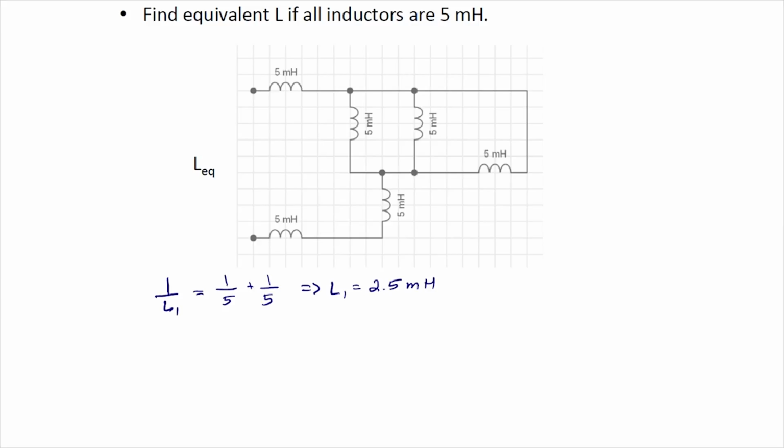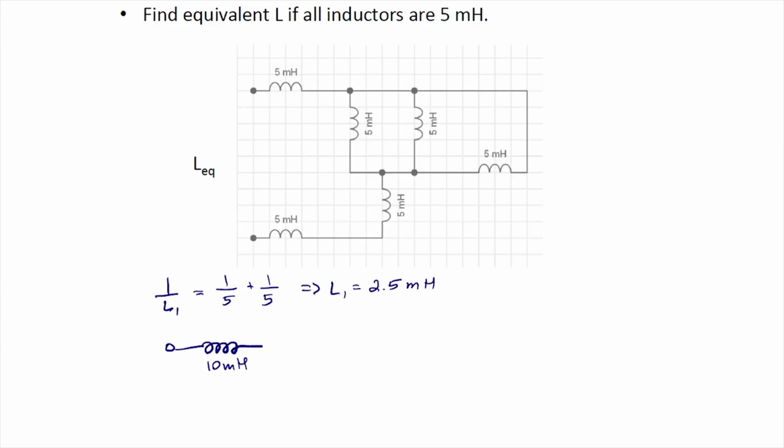All right, so I'm going to redraw this circuit or network just to highlight clearly what's in series and what's in parallel. If I start out down here, this is my starting point, and then I'm going to go here. Now what do I have here? I've got two inductors that are in series.